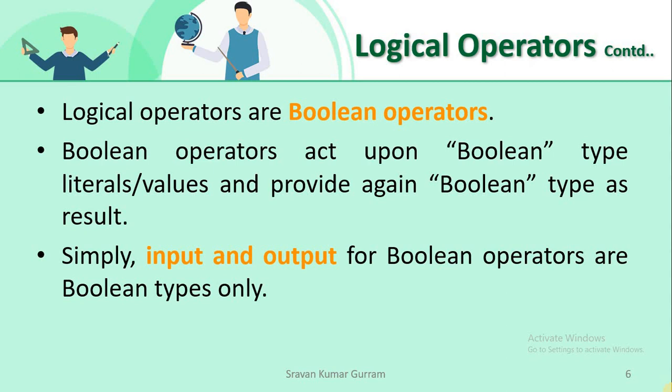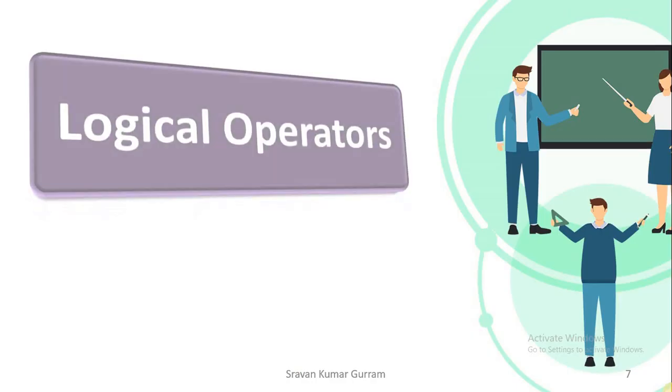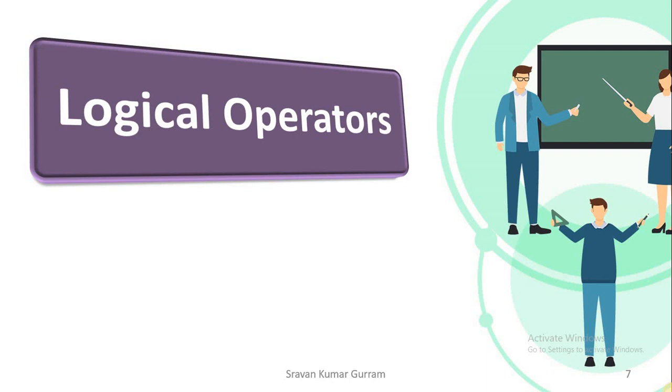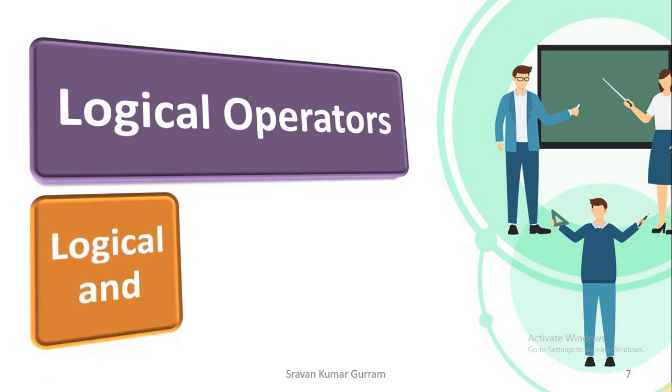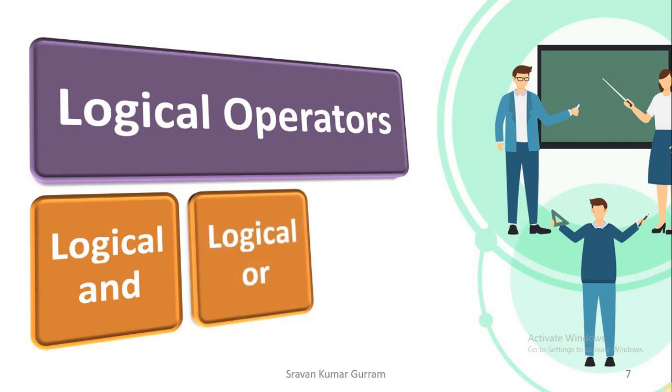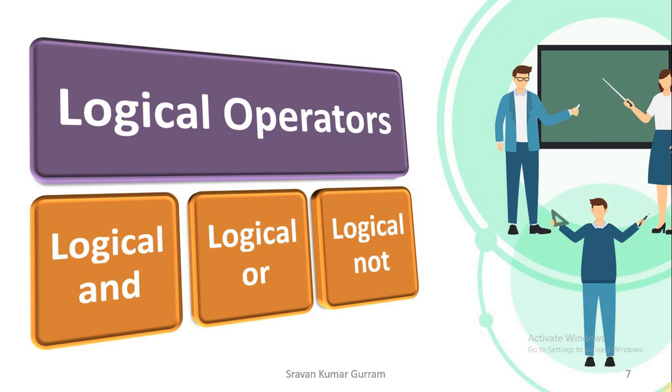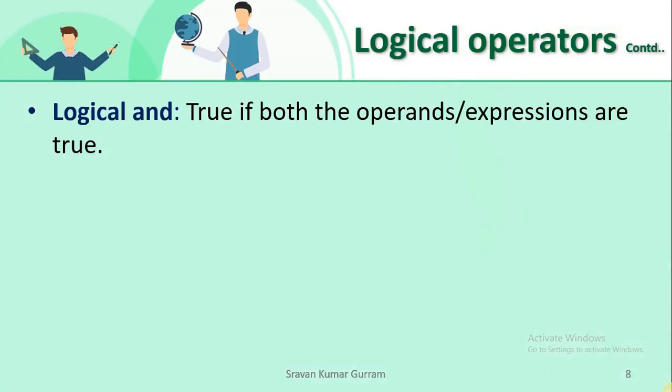So all the logical operators return either true or false. We have three types of logical operators. First one is logical AND. Second one is logical OR. Third one is logical NOT.